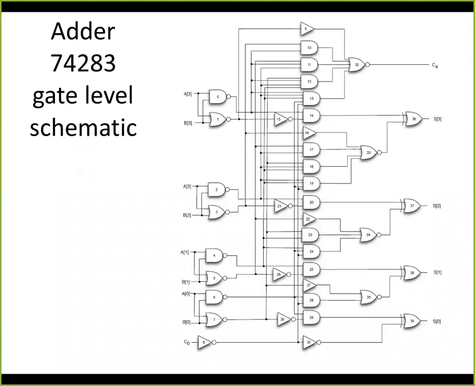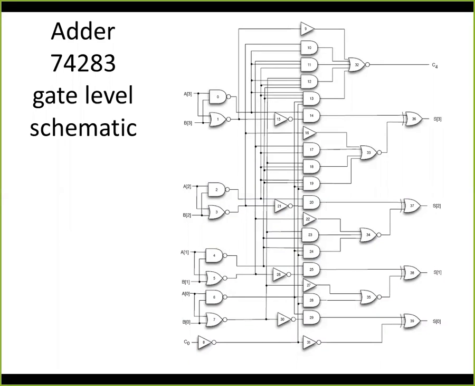So this is the schematic of the adder that we intend to implement in this course as a project. It's a 4-bit carry look ahead adder, which does carry look ahead in order to speed up the carry computation.